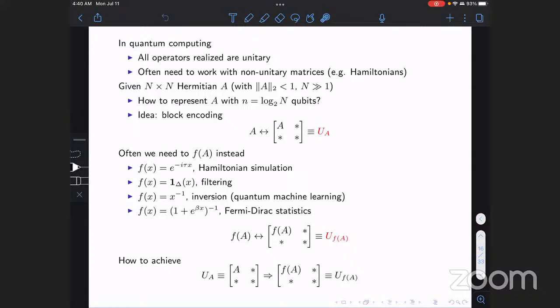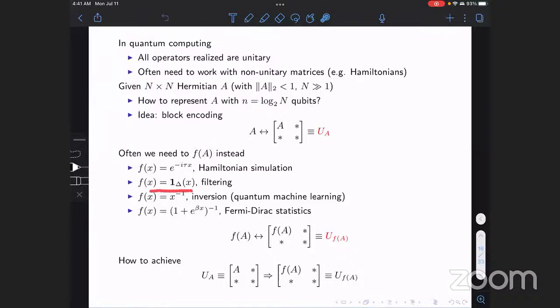Now, on the other hand, once given A, we're not particularly interested in A itself, right? We often want to consider some function of this matrix. So here I'm listing a few examples. The first example is Hamiltonian simulation. Think about A to be a Hamiltonian, then f(A) equal to e to the power i tau A is actually the evolution of the Schrodinger equation. This is very important for doing quantum simulation.